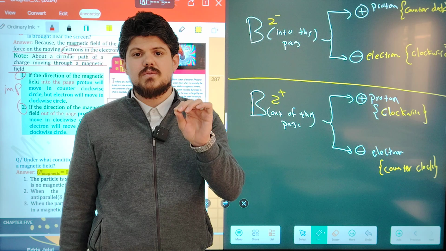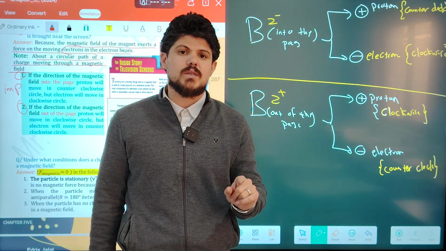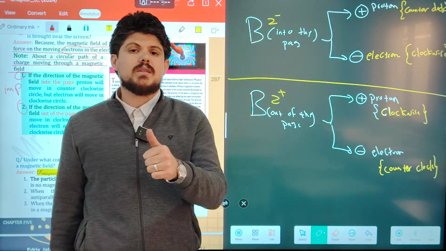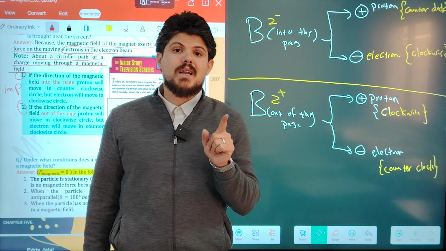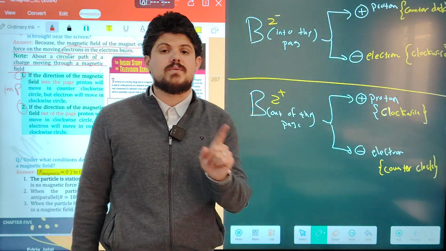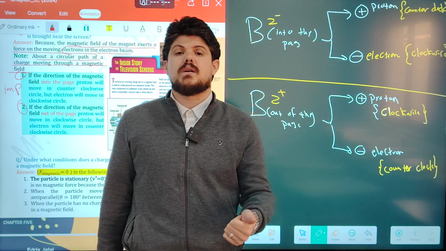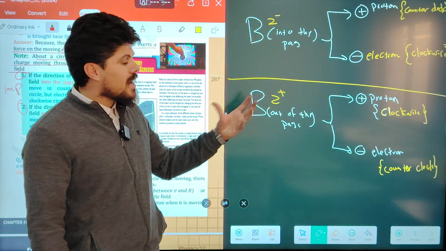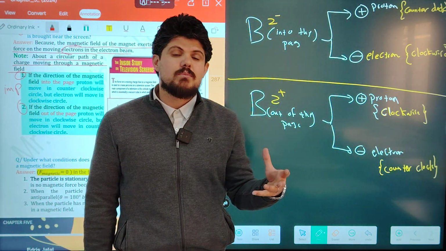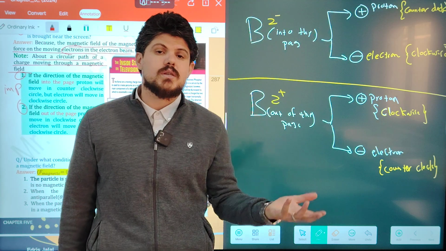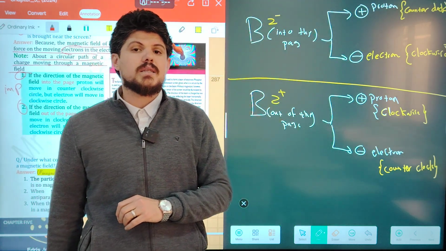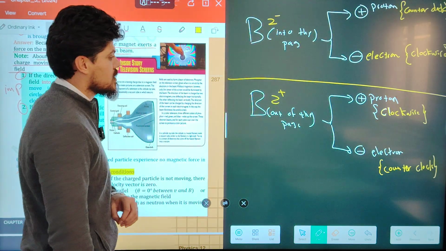When does the positive charge move counterclockwise? When the magnetic field is out of the page? No. When the magnetic field is directed into the page, Z negative? Yes. When does the electron move clockwise? When the magnetic field is into the page. But if the magnetic field is out of the page, the proton moves clockwise and the electron moves counterclockwise.